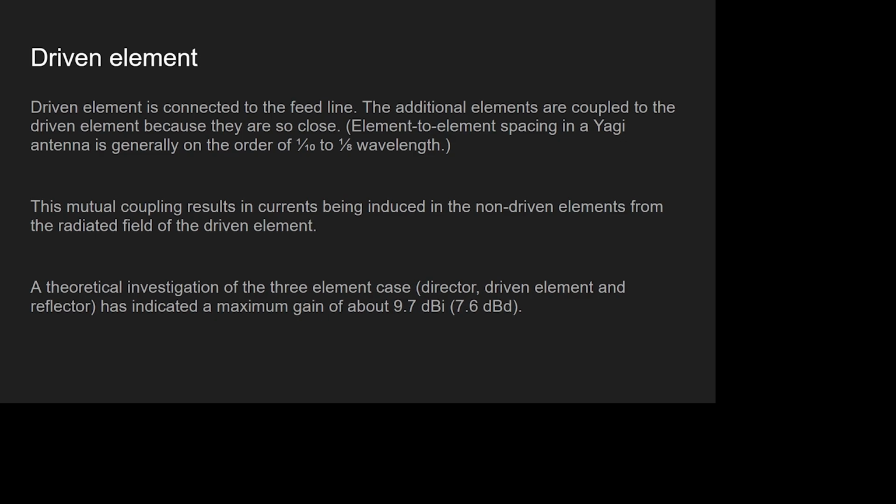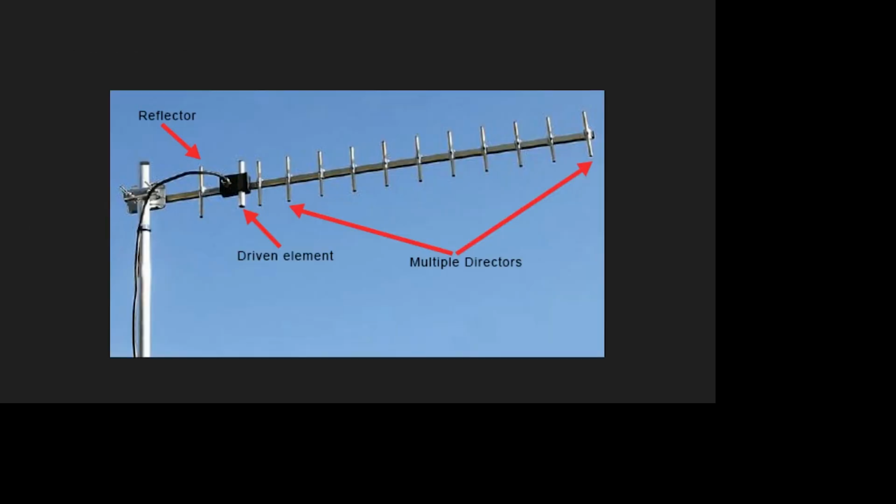Driver element. The only thing you should notice is that the driver element is the only element connected to the feed line. I also have to talk about how many elements a Yagi antenna has. You see this is 1, 2, 3, 4, 5, 6, 7, 8, 9, 10, 11, 12, 13 metal strips, right?